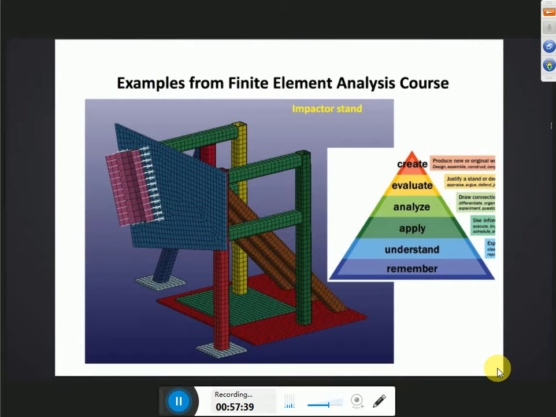This itself is a model, but how to further simplify it using symmetry is part of FEA. So I asked them to do quick hand calculations based on mechanics. So how to reduce all this into a single equivalent member. It won't be exactly correct, but that makes them think. So that thinking is very important. I can go to the next slide.